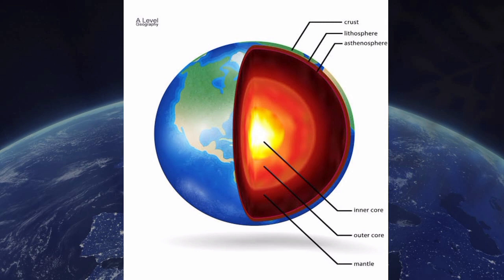It mostly acts as a fluid, and the crust is almost solid. So what happens is that the crust or the plates float in the asthenosphere, like ice floating in water.